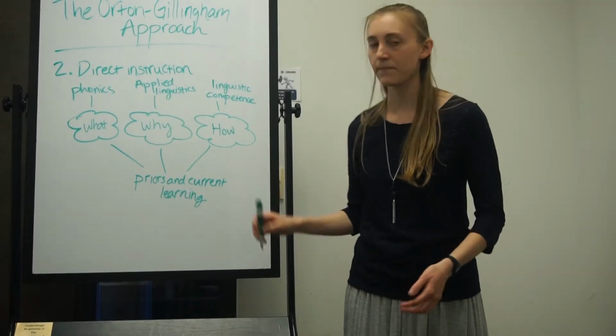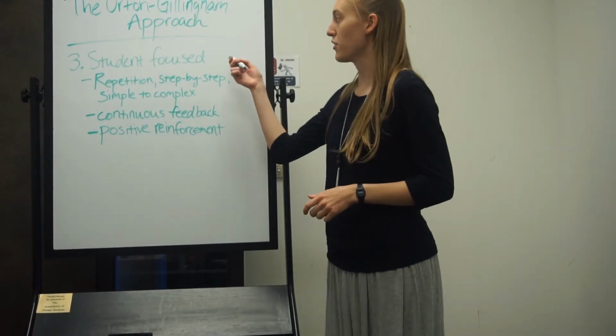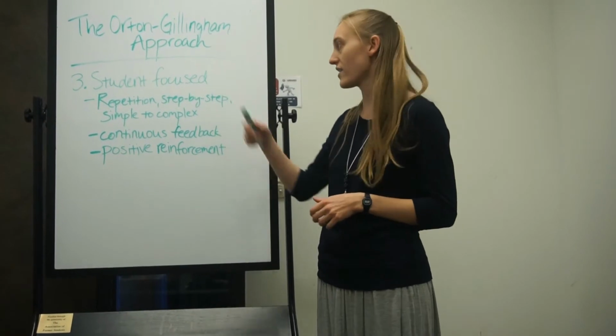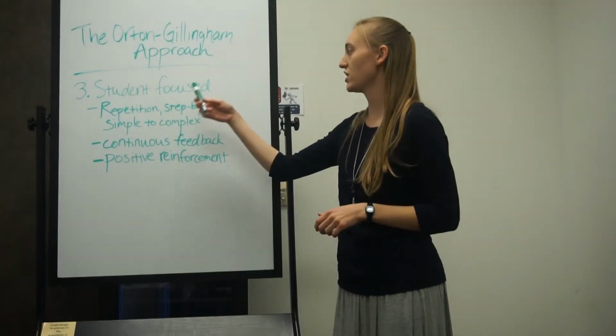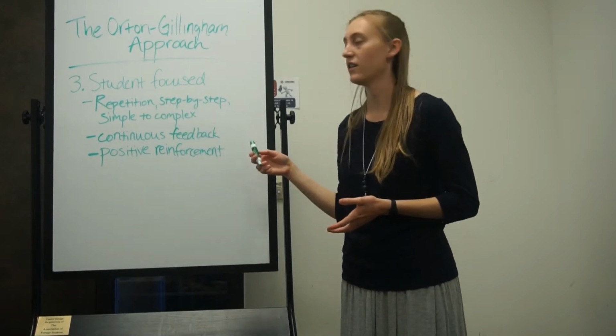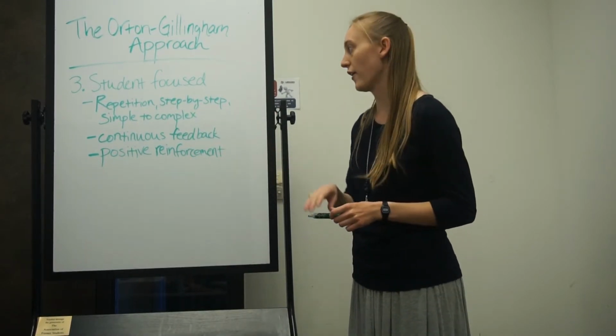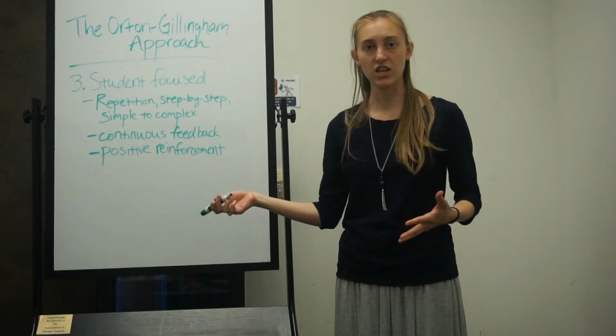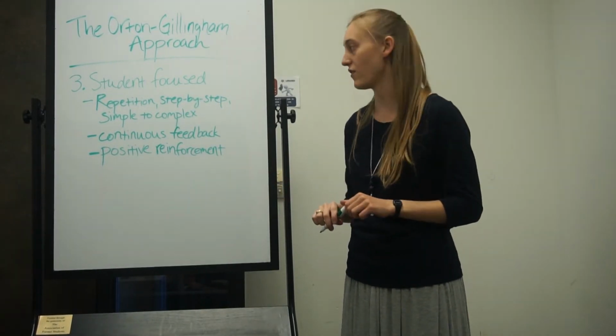The final, third step of this approach, which is the most important, is student focus. So it focuses on repetition, step-by-step instruction, and then simple to complex instruction building on prior knowledge. And all of these are within the accommodations that we learned about earlier in this video.